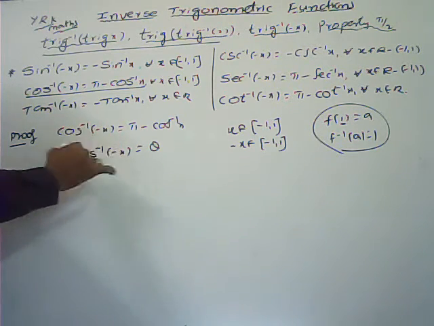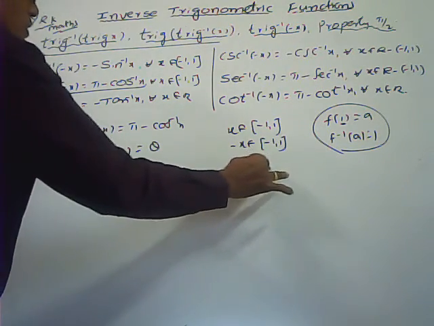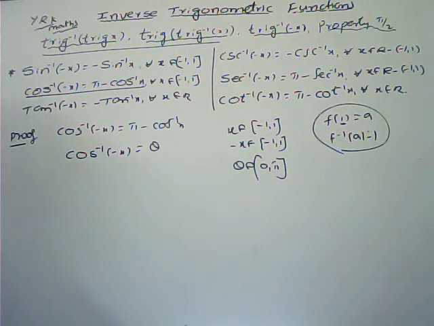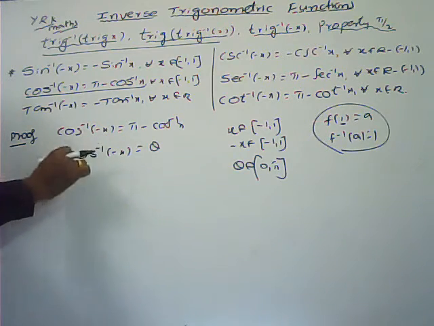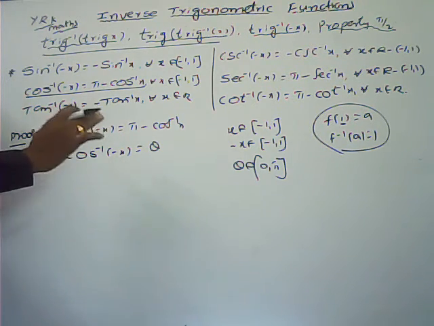Cos inverse of minus x equals theta, and here what is the range of cos inverse x? 0 to pi. Here theta belongs to 0 to pi, that is the range of cos inverse x. So theta belongs to 0 to pi, and minus x belongs to [-1, 1].